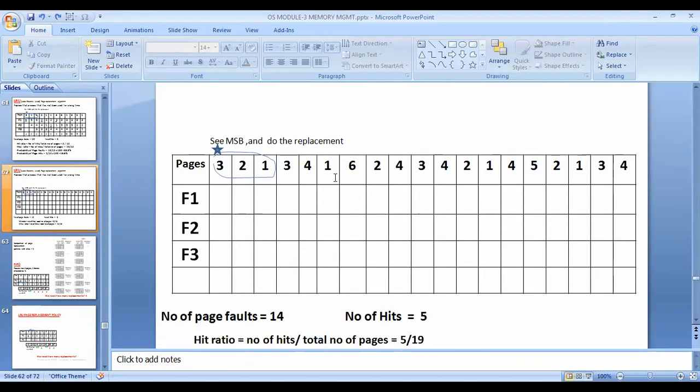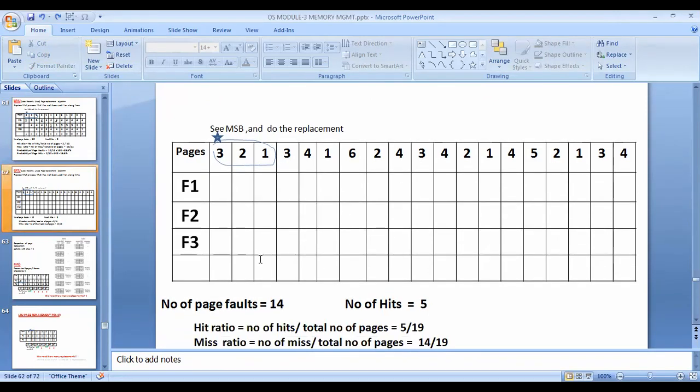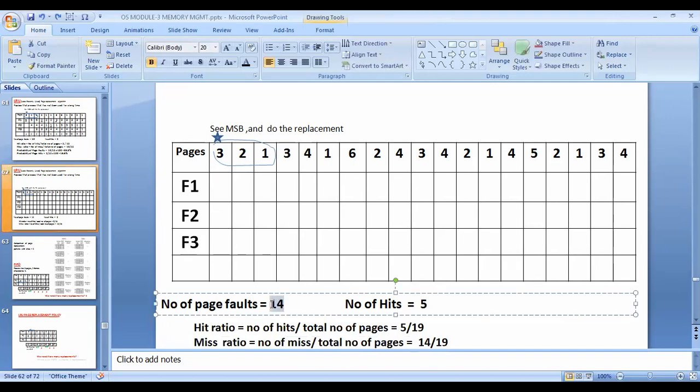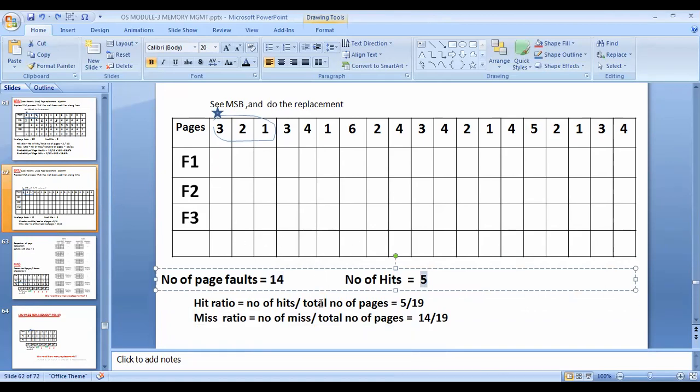For this problem, after solving, you should get 14 page faults and 5 hits. Just verify this by solving the problem, and check that you have 14 page faults and 5 hits.